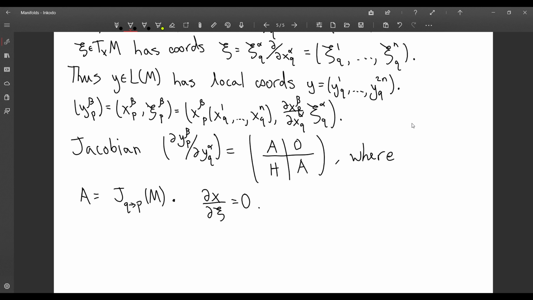In the upper left, you have derivatives of x with respect to x.